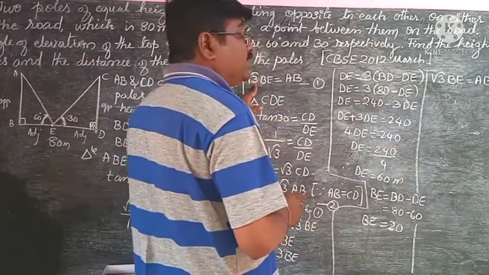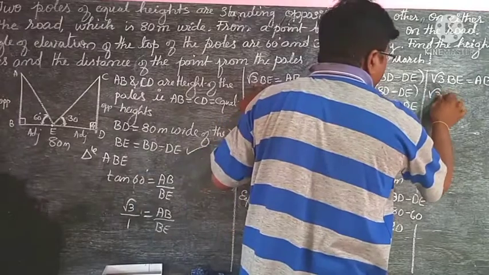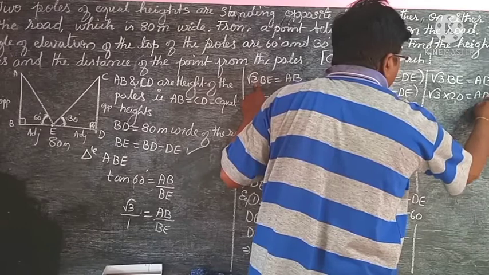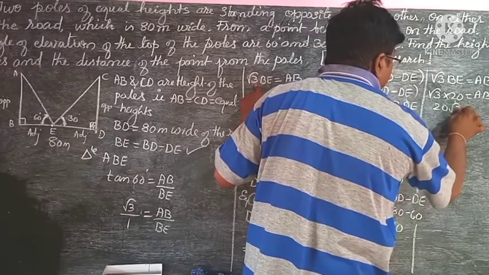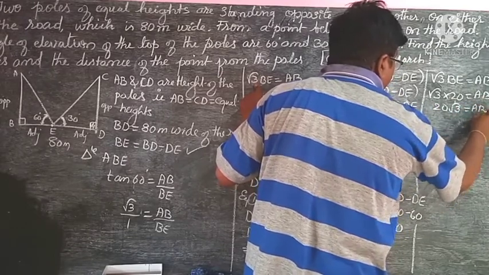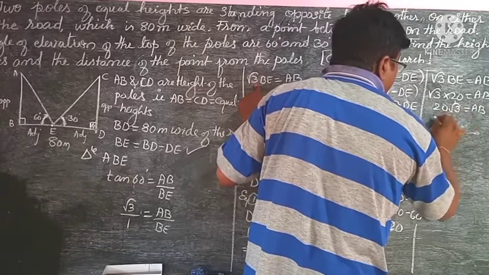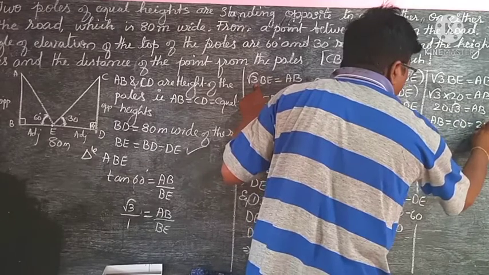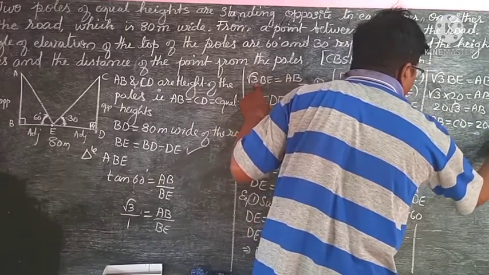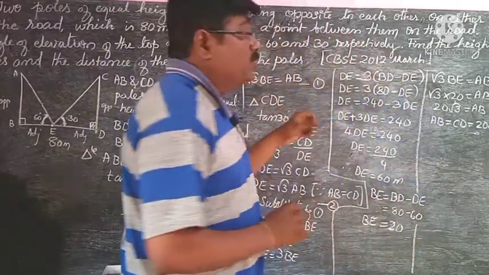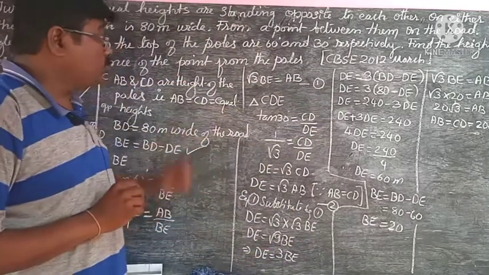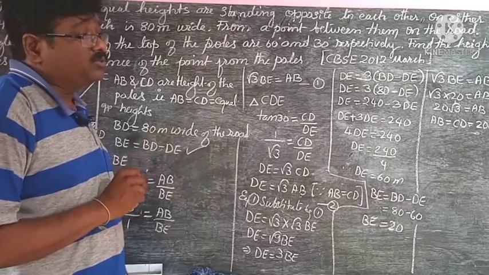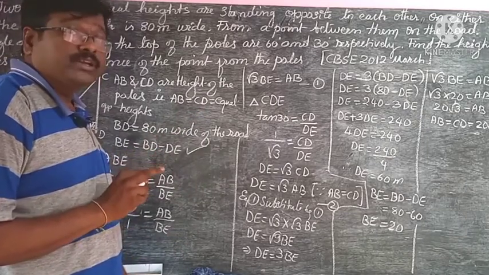Understood? So the BE value we already found. This one is root 3 into 20 is equal to AB. That is 20 root 3 is equal to AB. Therefore AB is equal to CD is equal to 20 root 3 meters, because both the heights of the poles will be equal.